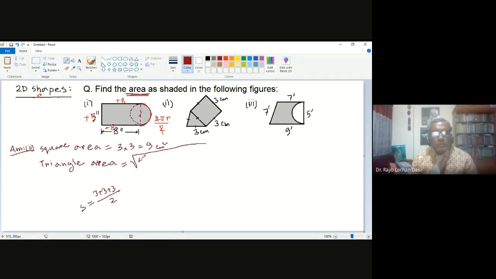So you will write 4.5, then 4.5 minus 3, another 4.5 minus 3, another 4.5 minus 3. So it is actually 1.5, 1.5, 1.5, and 4.5. So all together it will be what? Can you do it? Somebody can do it?